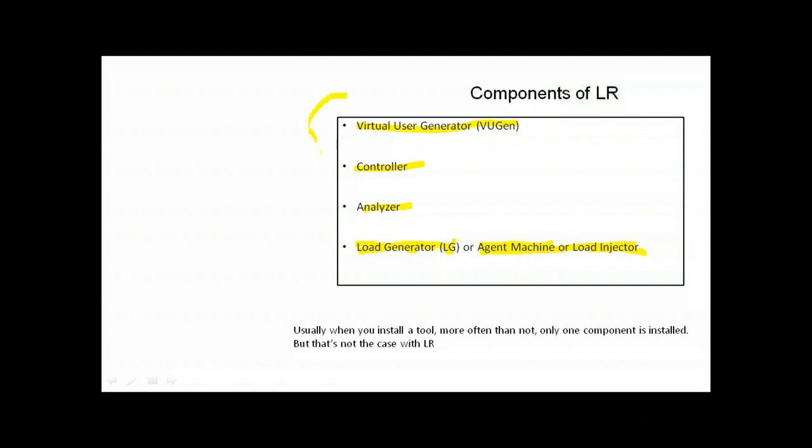We'll look into each of these components, their purpose, and how important it is for us to understand each one of them. As soon as you install LoadRunner, 3 components would be visible from your start menu, and the icons would be installed on your desktop.